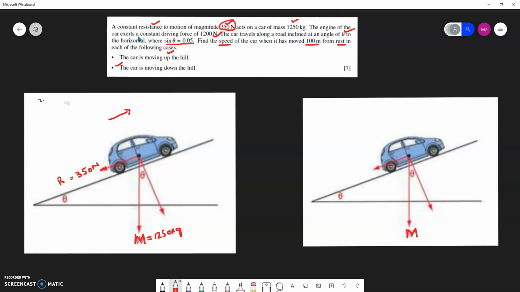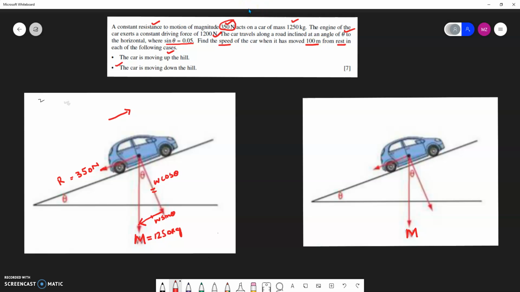We need to resolve the weight into two components. One component is in this direction, W sine theta, and the other component is W cos theta.